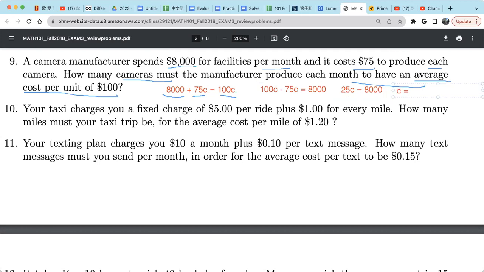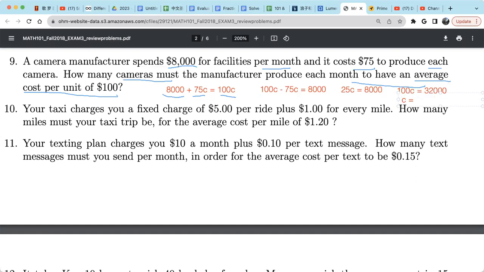8,000 divided by 25. Well, how do we divide by this? Think about multiplying by 4 on both sides, right? Let me do this trick for you. We multiply 4 with 25, that's 100. Then we multiply 8,000 with 4, that's 32,000. So it's easier to do the calculation, right?